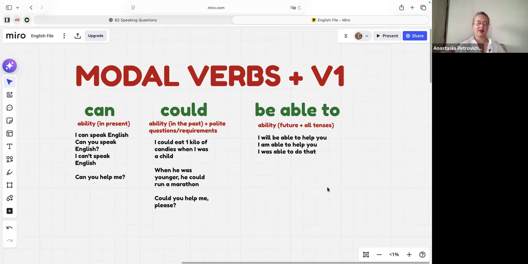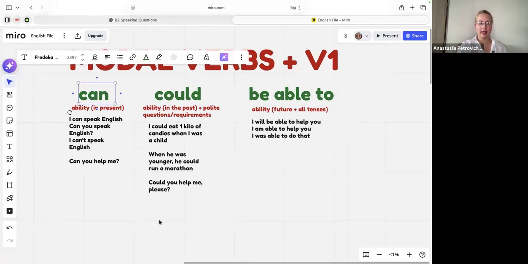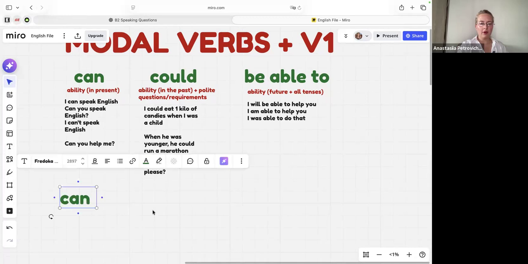Just to make it even easier for you, because you see here we don't have to, here we have to, but still, no matter what, after all sort of modal verbs, we use always verb first form. That is important. So let me do that for you, and let's move on to the next one.